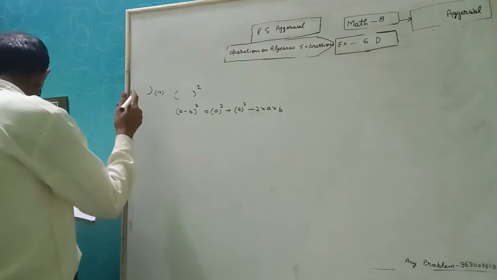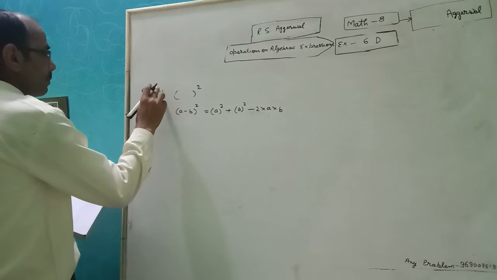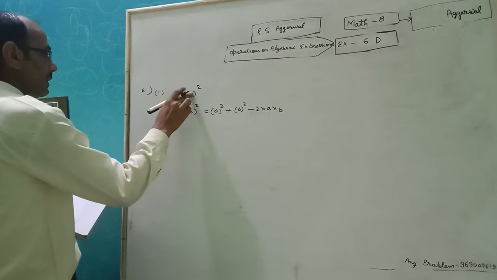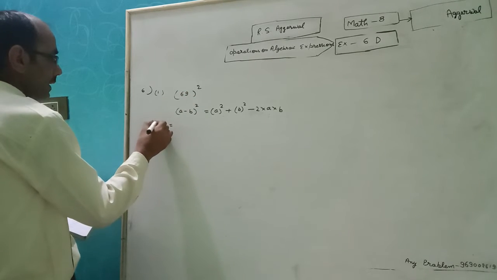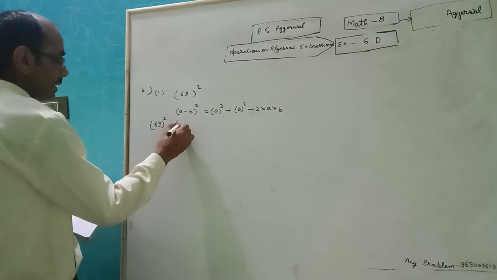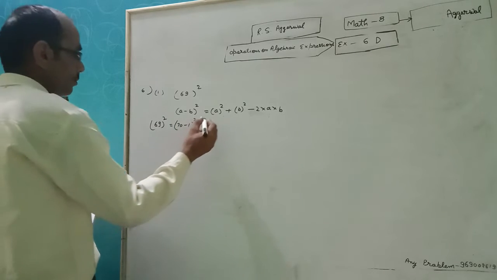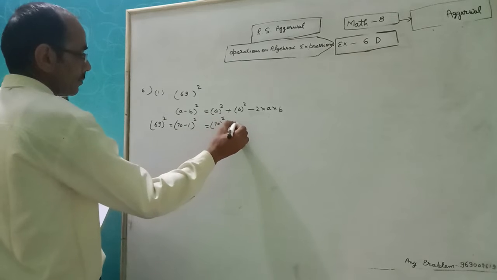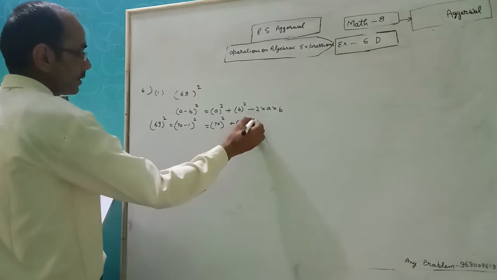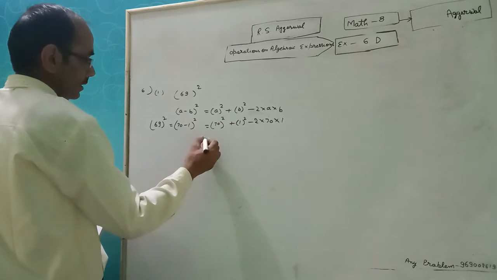Question number 6, first part is 69 square. 69 write the 70 minus 1. Square is equal to A square, A will be 70, B will be 1, 2 into 70 into 1.